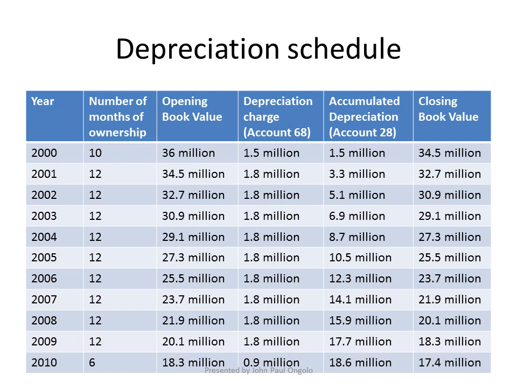During the years 2001, 2002 up to 2009, we have held the asset for 12 months. Hence, the depreciation charge remains the same, 1.8 million throughout. But remember that in the last year of ownership, we have held the asset for 6 months, and hence the depreciation charge will be 0.9 million.